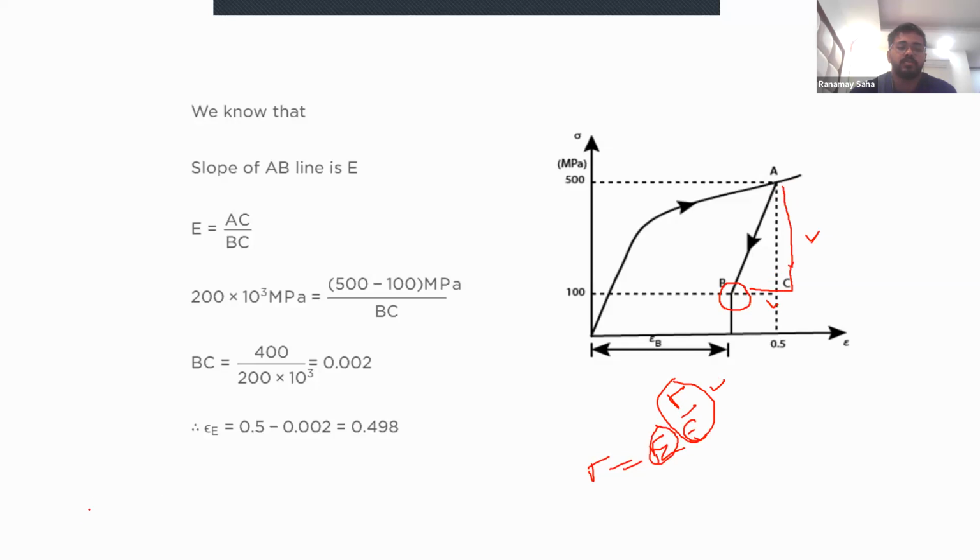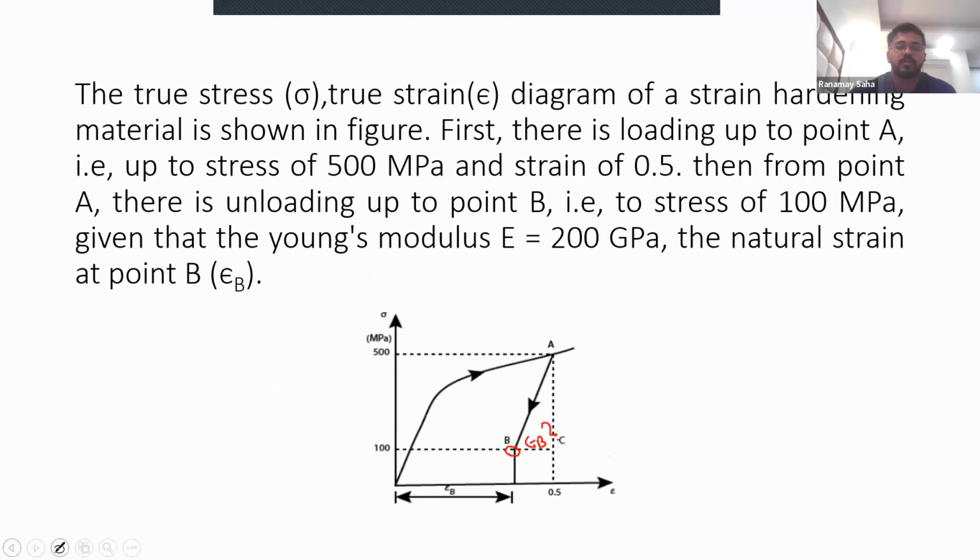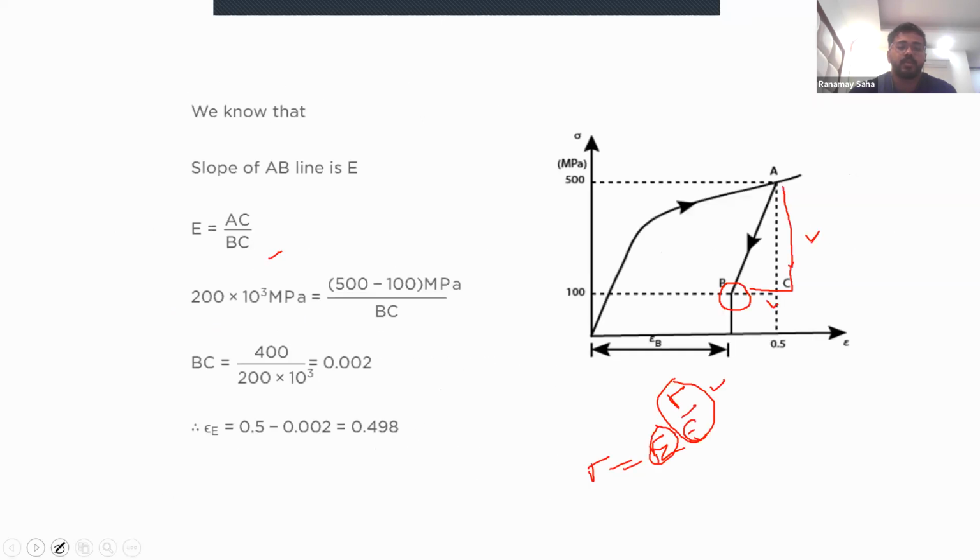So using that, you find out E, okay, put the E value, which is given here as 200 GPa, and then your unknown part becomes BC. So you keep BC as it is, and you find out AC, which is then your 500 minus 100, that is 400.